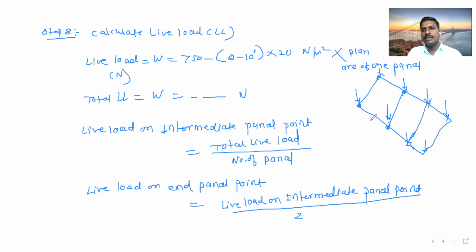In this way the load will act and that load will be transferred half on this point, half on this point. Half this area, half this area. Similarly, this will be the sketch for the live load also. That sketch we will draw in detail while solving the example.